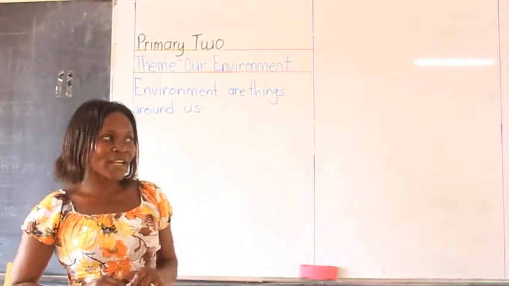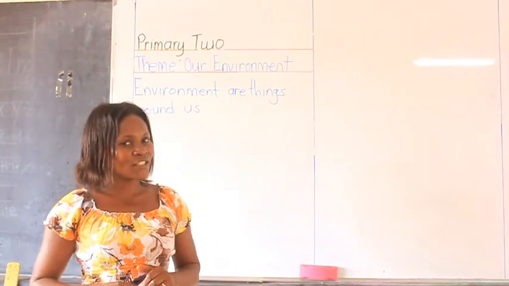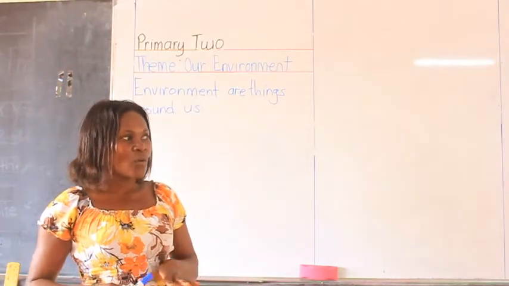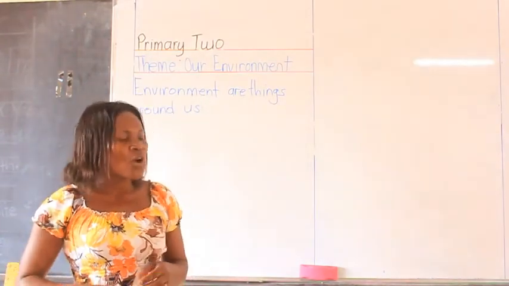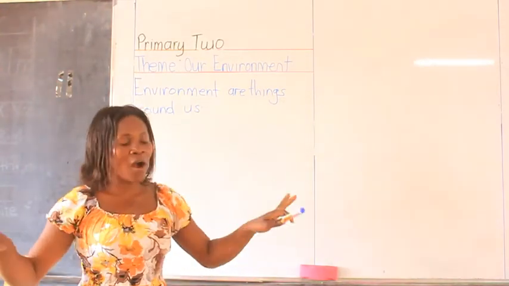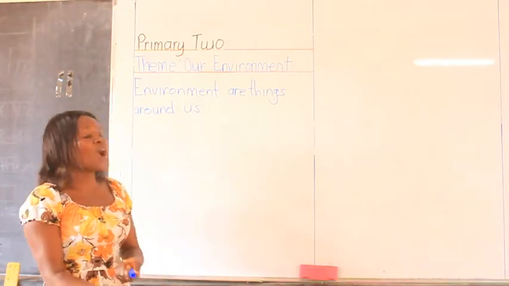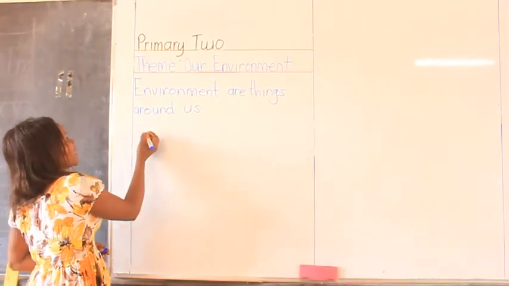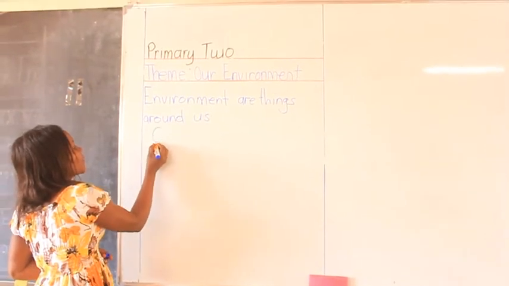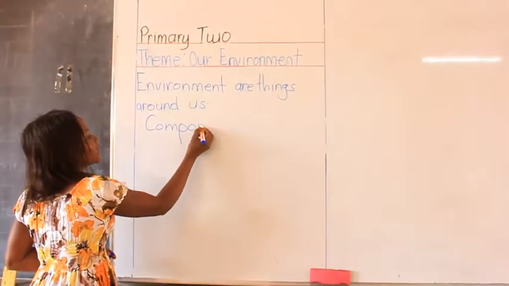Now, I hope you can look around where you are and really see what is in your environment. What are those things around you? We give them groups. There are 2 groups of things within our environment, and we call them components of the environment.